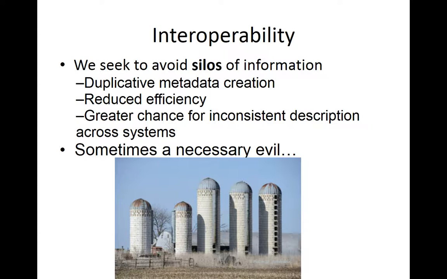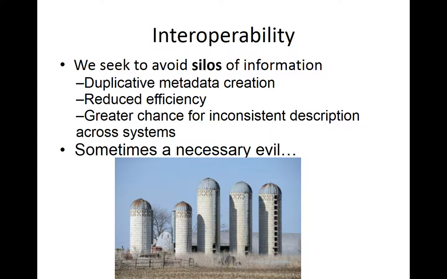If you've got a metadata record for one object and that object lives in multiple systems, you only need to have one record. You don't need to have a bunch of different records, duplicate records. When you have silos, you get reduced efficiency. And then you also get greater chance of inconsistent description. There's a lot more reasons why silos are bad. I've just listed a few, but they do emerge for certain reasons.